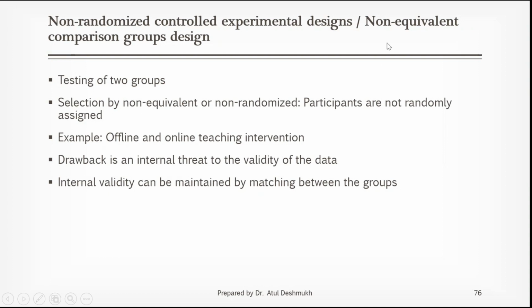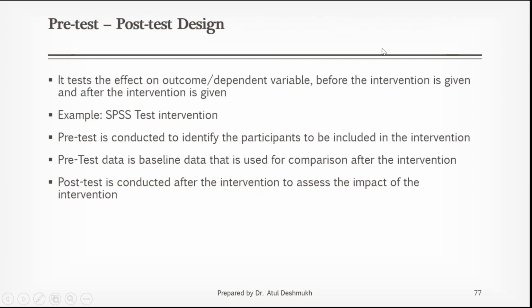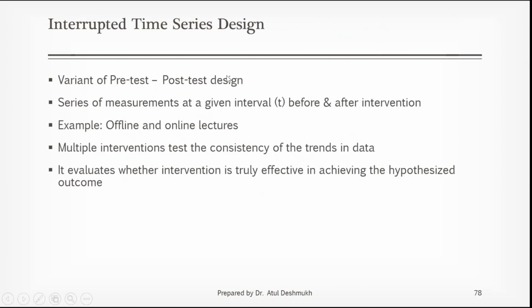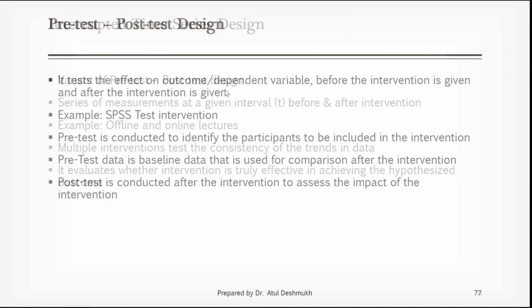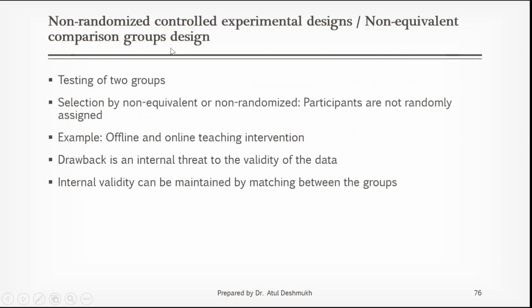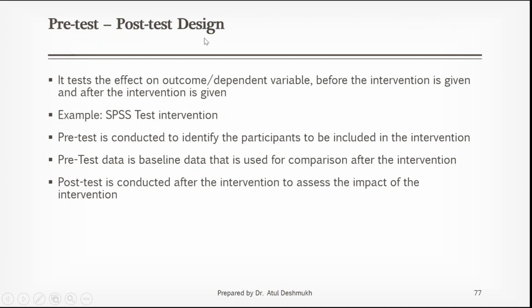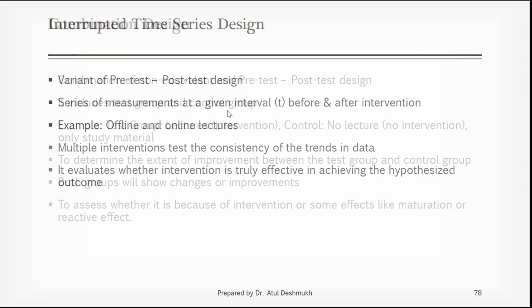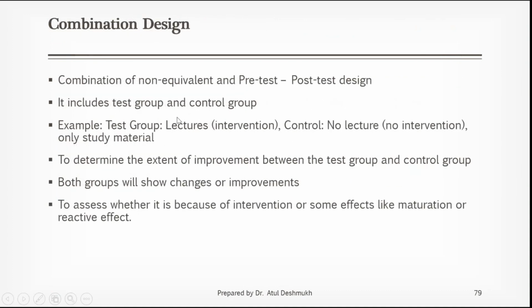First is the non-equivalent comparison group design, and second is the pre-test and post-test design. Third, the interrupted time series design, is a variant of the pre-test and post-test design. So this combined design is a combination of these two previous basic classifications, the non-equivalent design and the pre and post-test design.